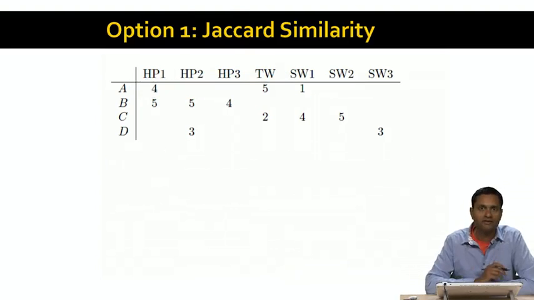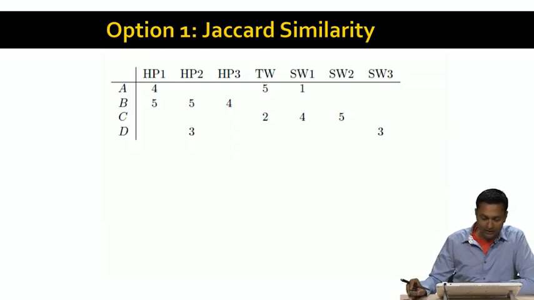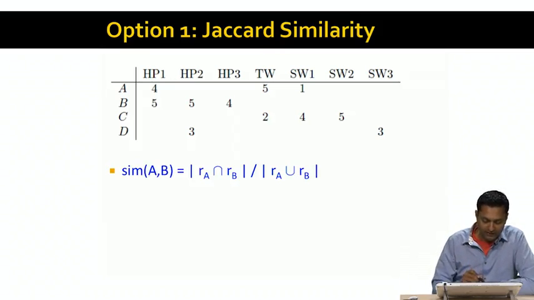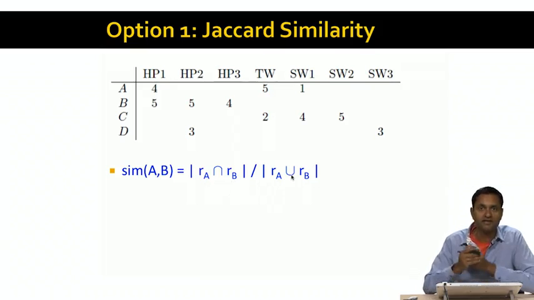So the first option that we try is Jaccard similarity, which we are familiar with from previous lectures. Just as a reminder, the Jaccard similarity of A and B is just RA intersection RB divided by RA union RB. We just take the intersection of the rating vectors and divide it by their union. And notice that the Jaccard similarity is nothing but 1 minus the Jaccard distance of RA and RB.